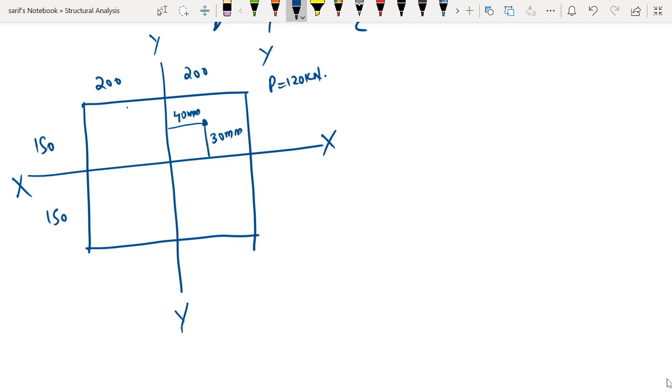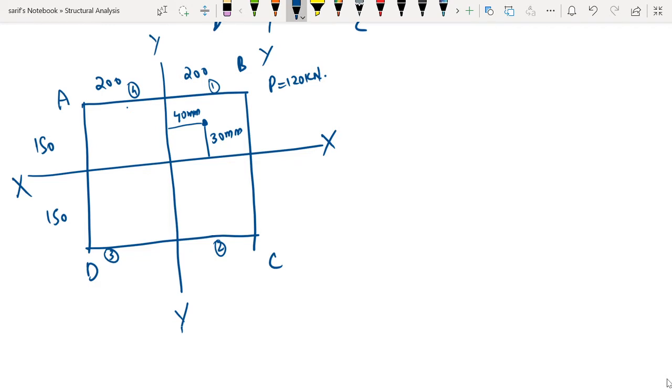Now, the very first thing we need to do is mark the sign of the stresses in all the four quadrants. We have four quadrants. Let us call this quadrant number 1, this is quadrant number 2, this is quadrant number 3, and this is quadrant number 4. Let us start with the moment about the x-axis.